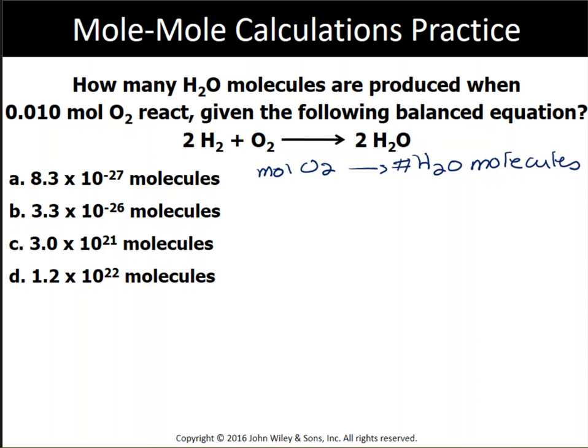In order to find the number of molecules of H2O, you have to have the moles of H2O. So our solution map should be from moles of O2, first, we're going to find moles of H2O. And once we have moles of H2O, we're going to find the number of H2O molecules.